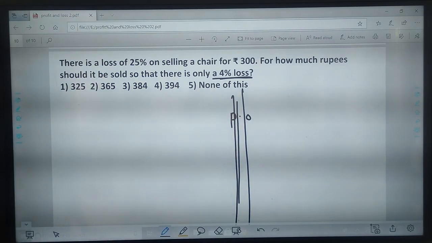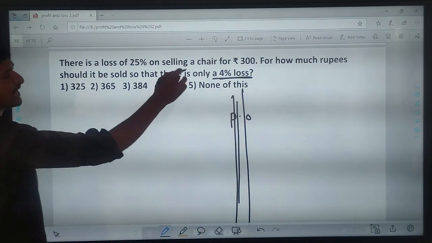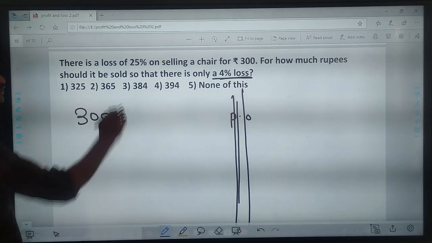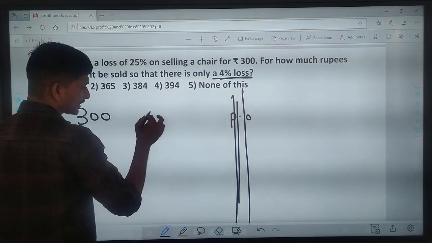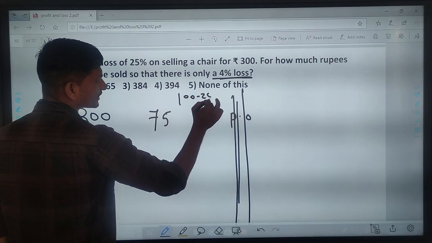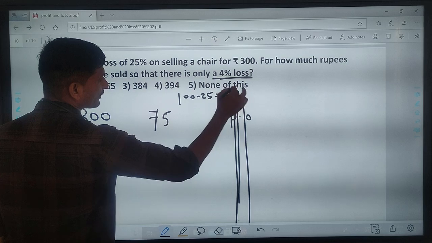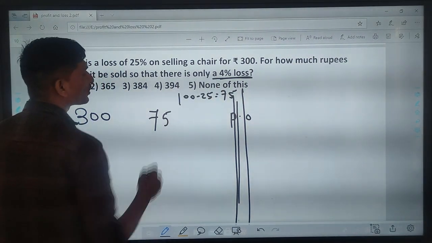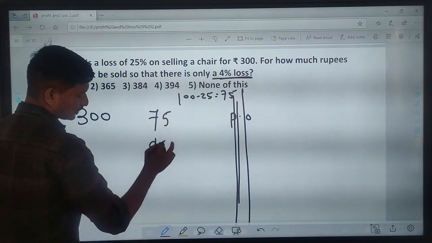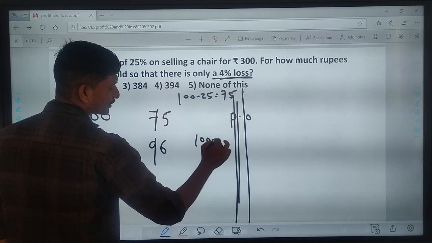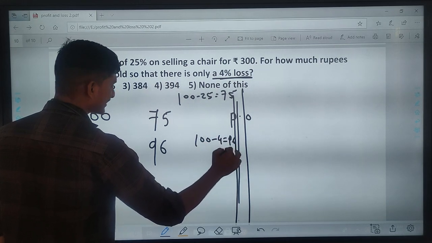Here we write the selling price of the chair is 300, then your loss is 25%. Then we write 100 minus 25, that is 75. If there is only 4% loss, that is 100 minus 4 is equal to 96.